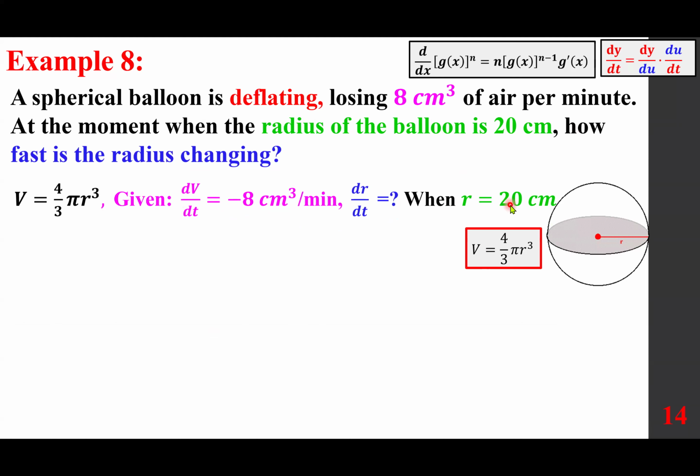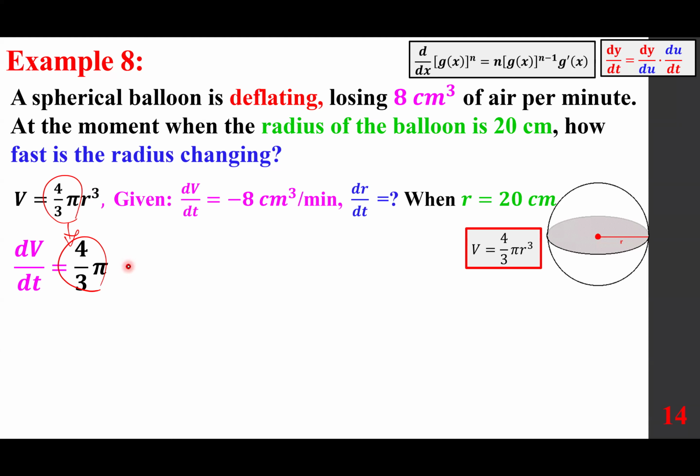So we're going to differentiate this, and we have done it already. So I'm going to go over that one more time. dV dt is 4/3 pi times now r cubed. So again, 4/3 pi is the coefficient, the multiplier. It's just a number.